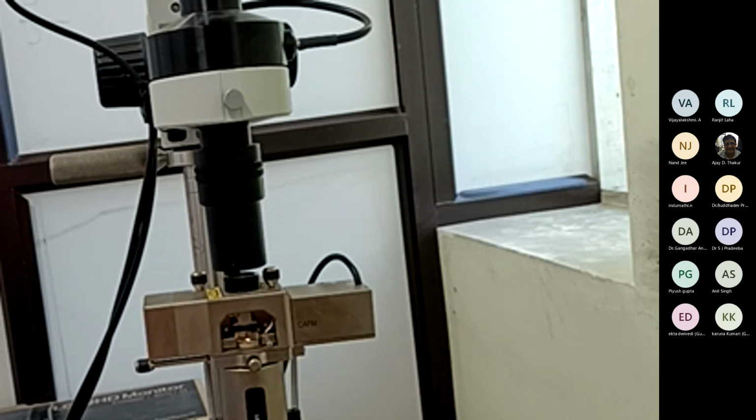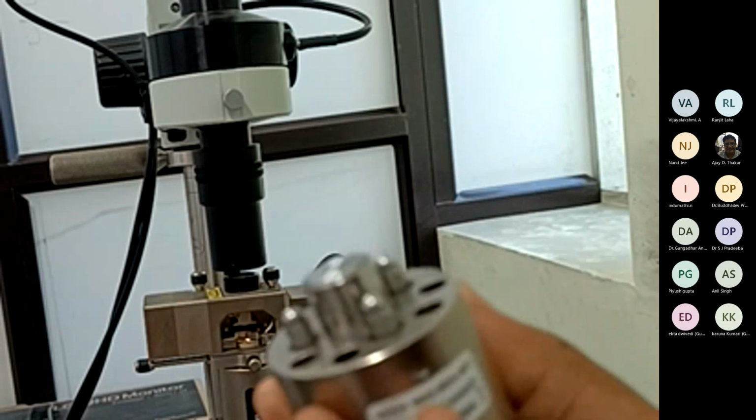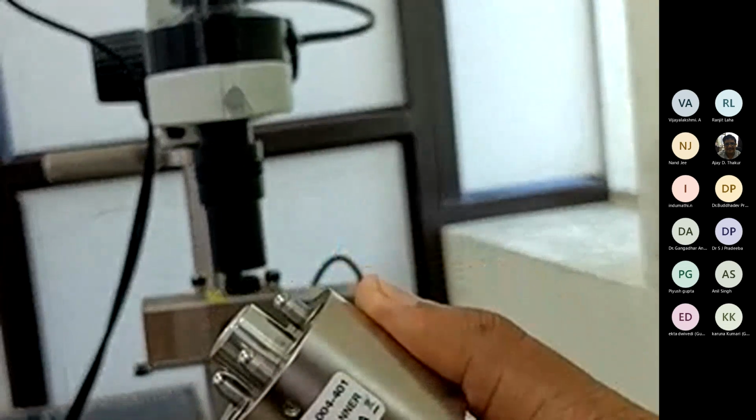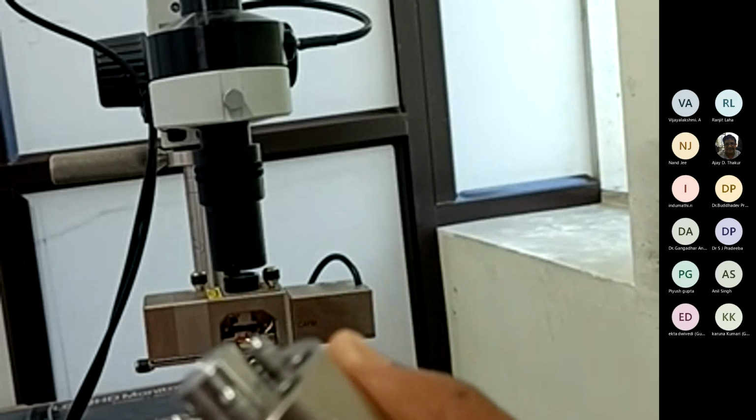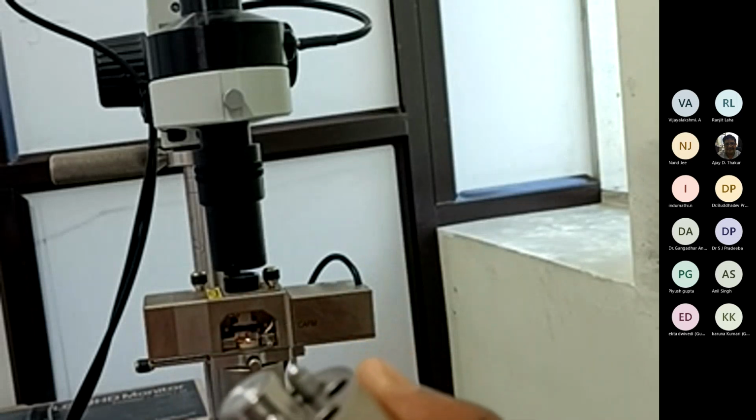The small scanner is used mainly for high resolution imaging. This is the small scanner, and we can easily get atomic resolution using STM.